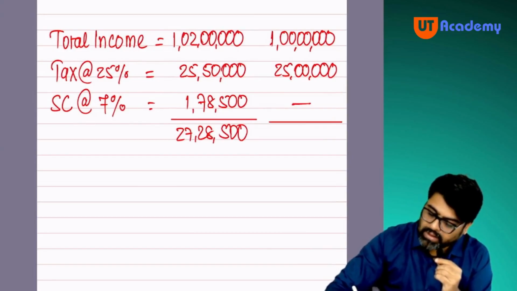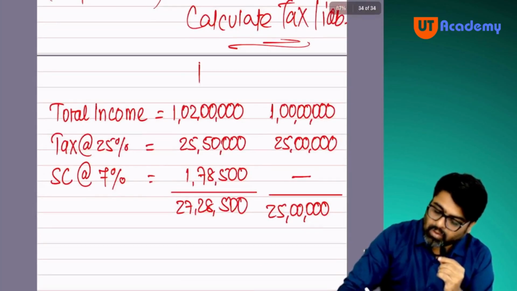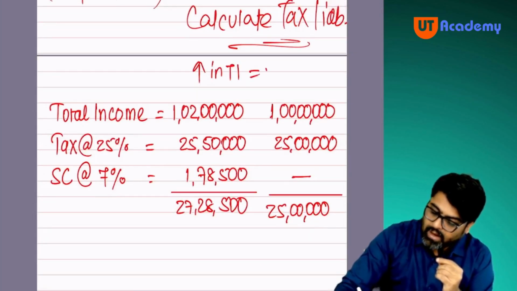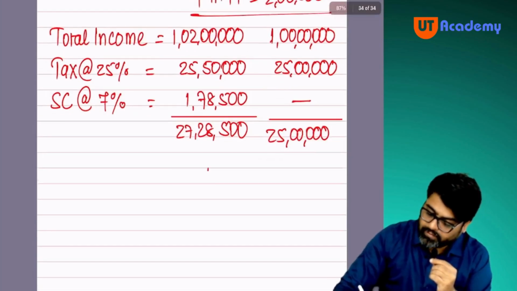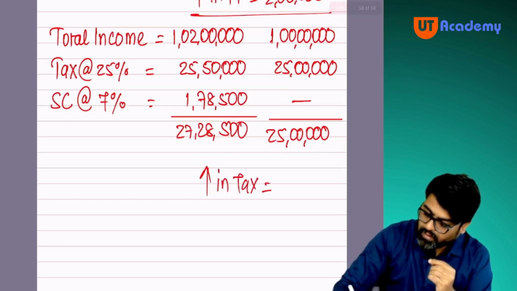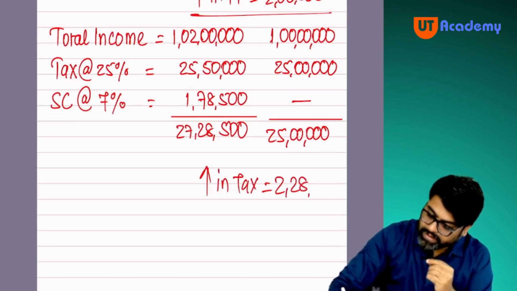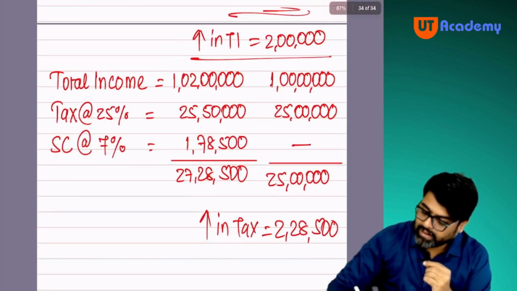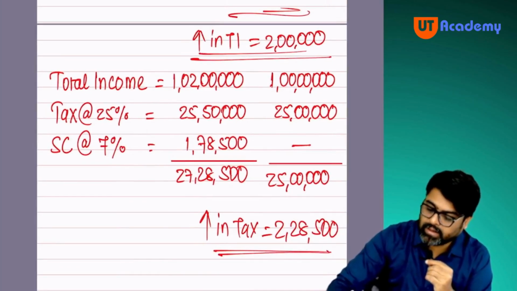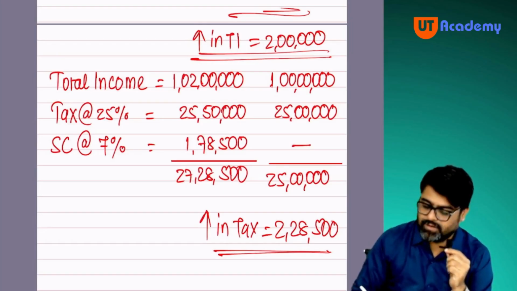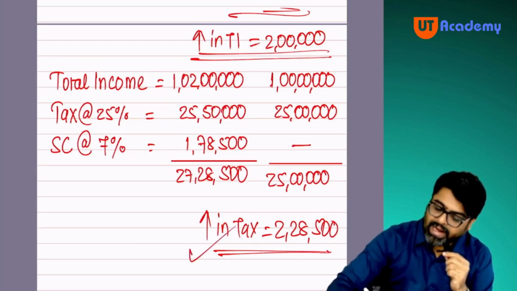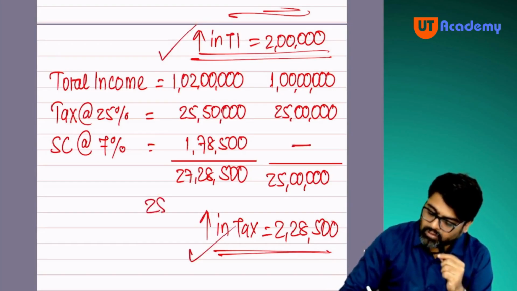So how much would have been the total tax? 25 lakhs. Now there is an increase in total income by 2 lakhs, and how much is the increase in tax? 2,28,500. Can I say the increase in tax is more than the increase in total income? So you are going to get marginal relief. How much? This minus this, so 28,500 will be the amount of marginal relief.